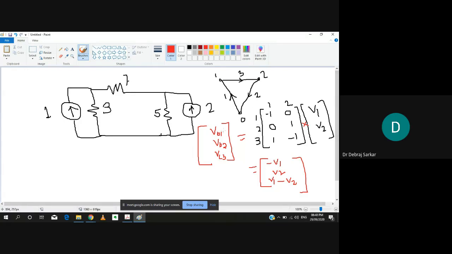That means the voltage across branch 1, that is this, is minus V1.